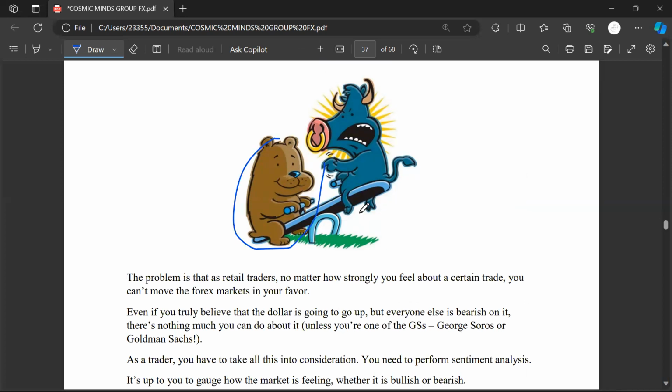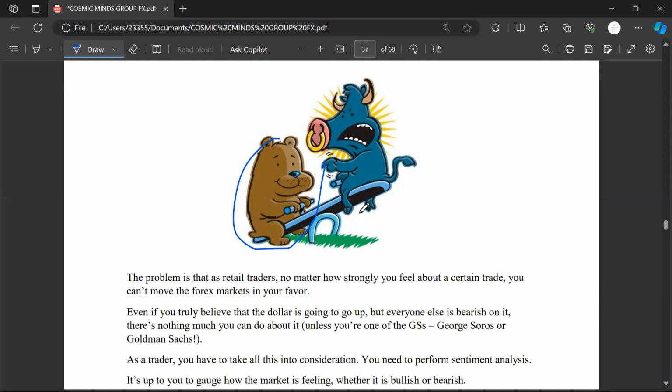So a lot of speculation and then rumors. The problem is that as retail traders, no matter how strongly you feel about a certain trade, you can't move the forex market in your favor. Now, this is the sad truth that most amateurs do not want to hear, right?